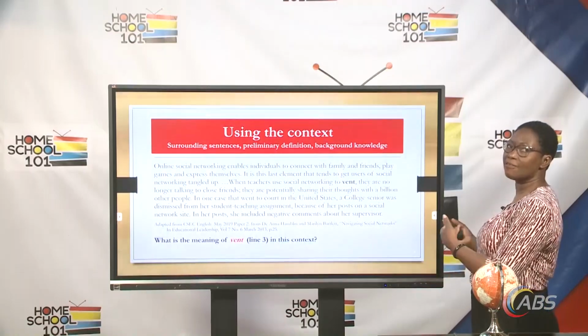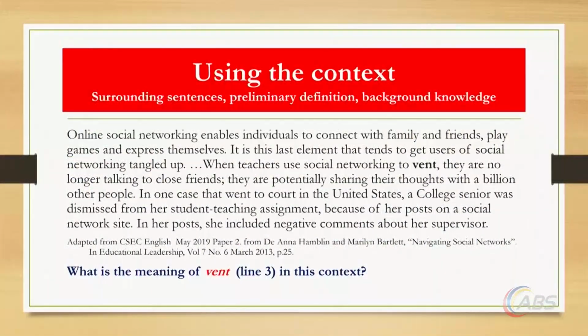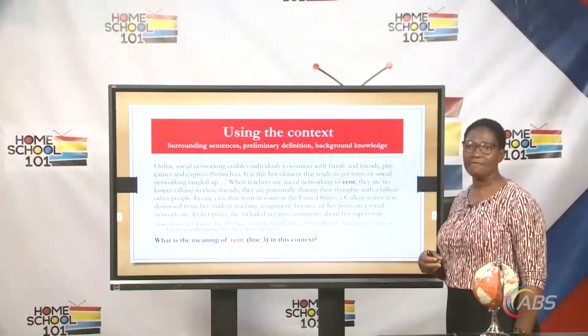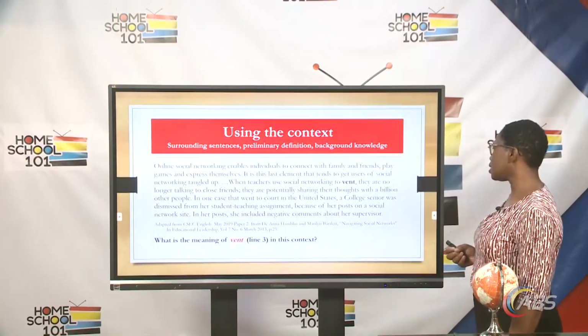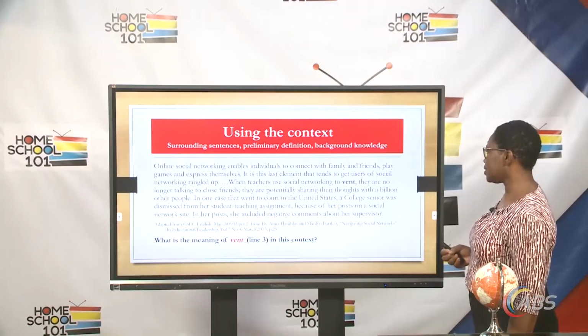So now we have vent being used as a substitute for expressing yourself. Are you following? Right. They are no longer talking to close friends. When teachers use social networking to vent, they are no longer talking to close friends. So clearly, venting has to do with talking. Let's see if there's another clue in this sentence.